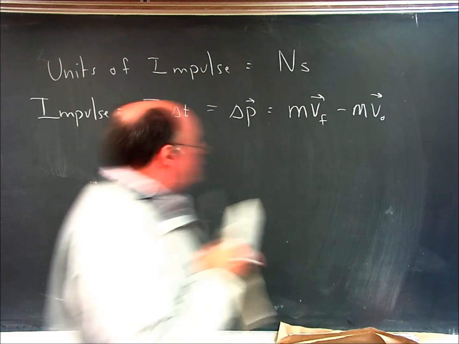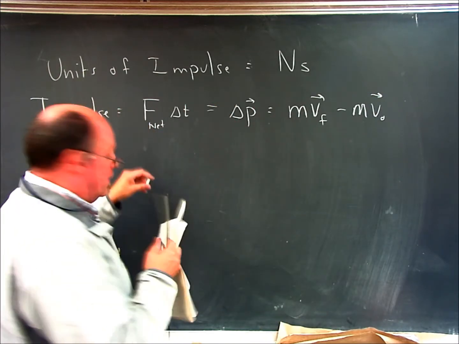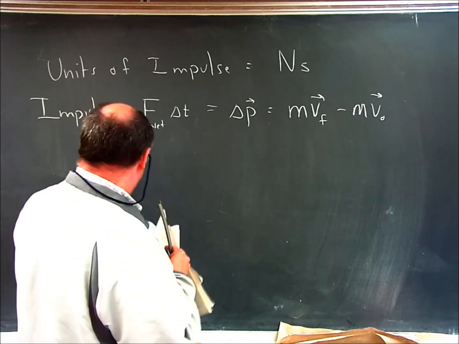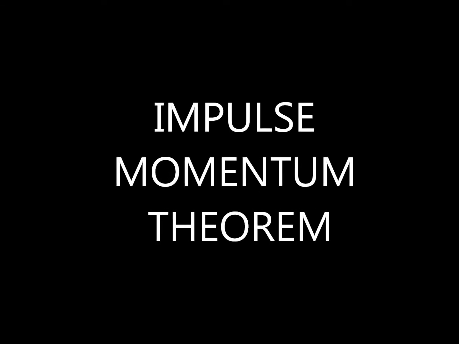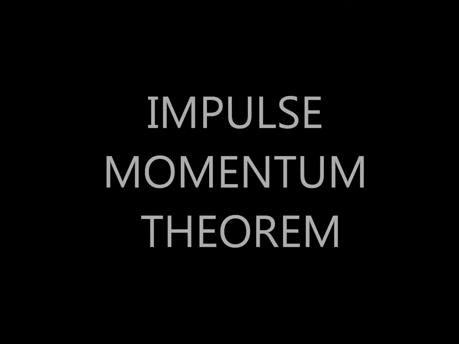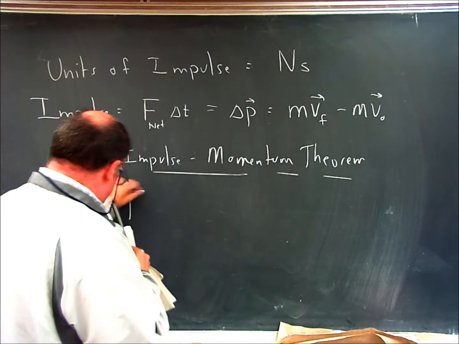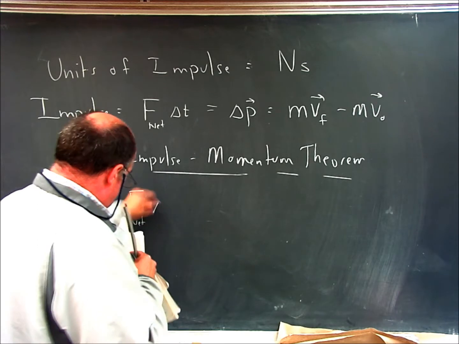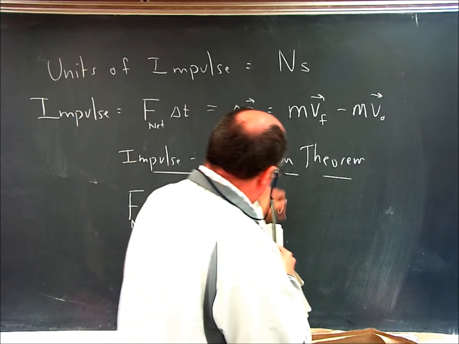If we put just the first piece and the last piece together, we have something called the impulse momentum theorem, which equals force net times delta t equals mv final minus mv initial.